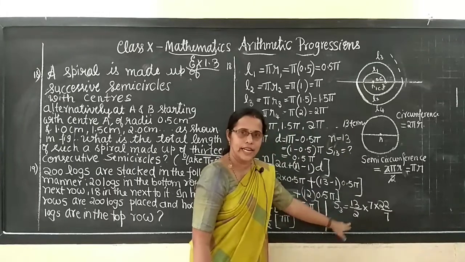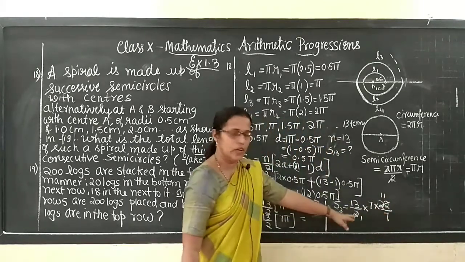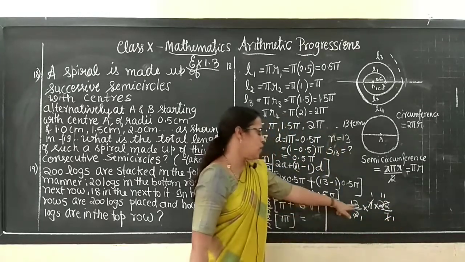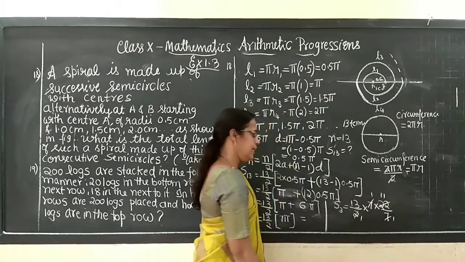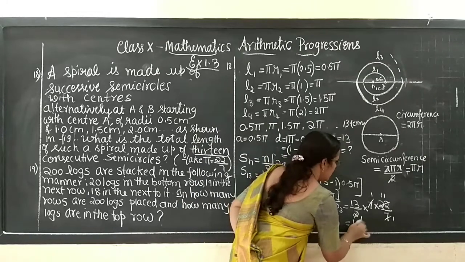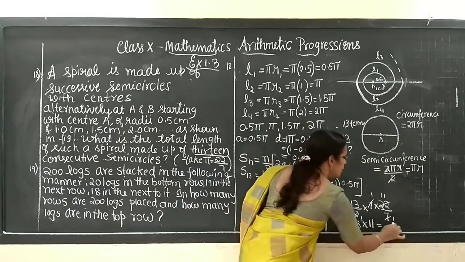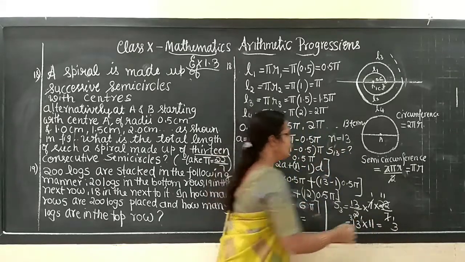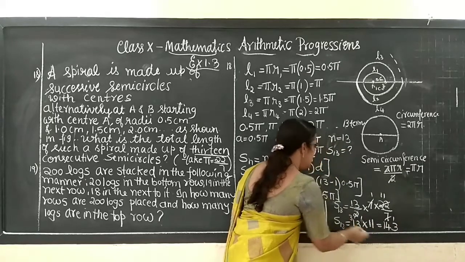So we can cancel: 2 ones are 2, 11 ones are 11, 7 ones are 7, 1 ones are 7. Now what is remaining? 13 into 11. 11 threes are 33, 3 carry. 11 ones are 11, 12, 13, 14. So 143.